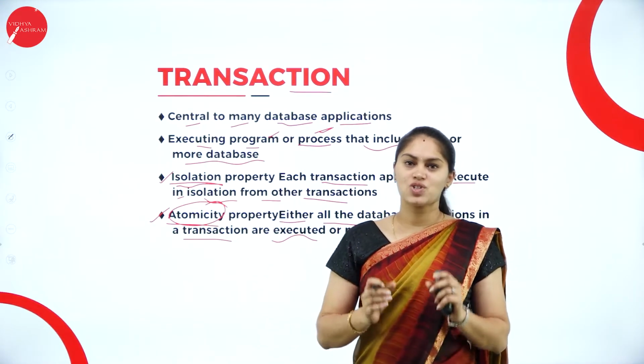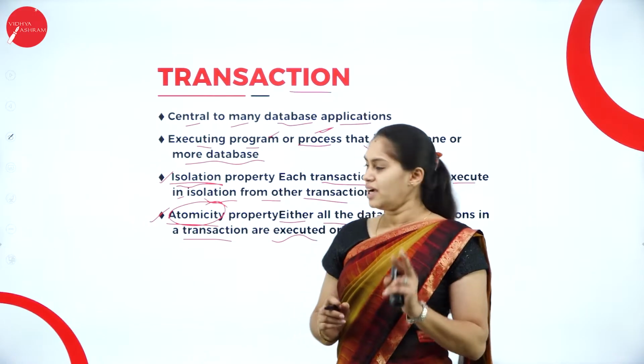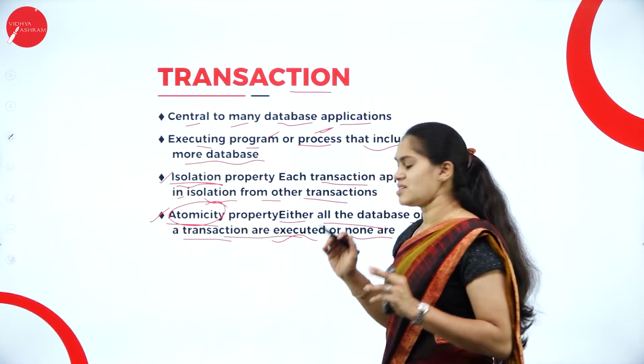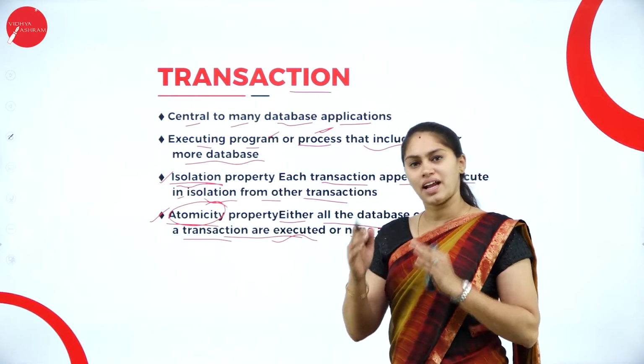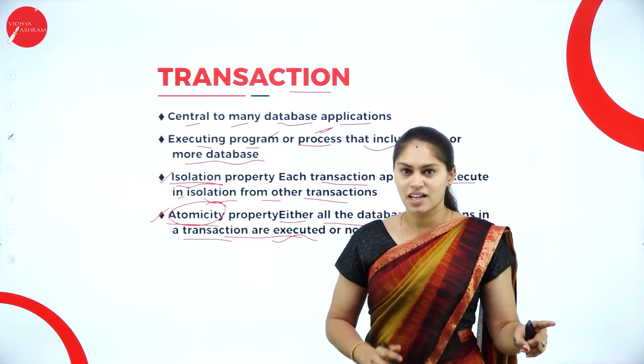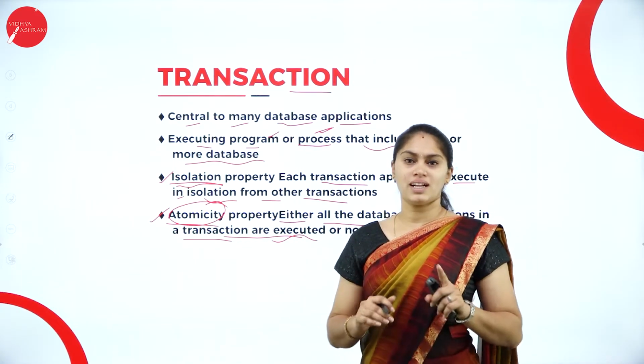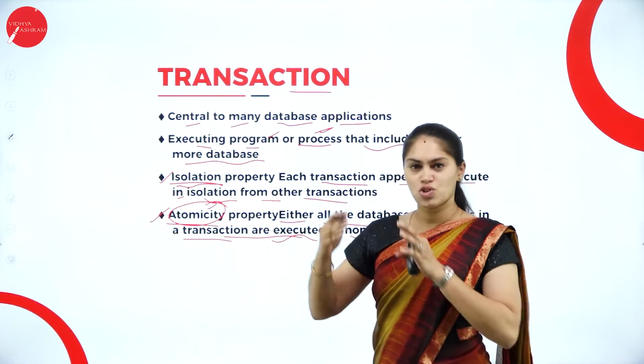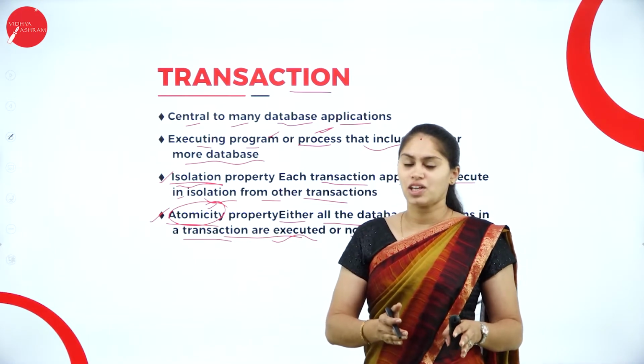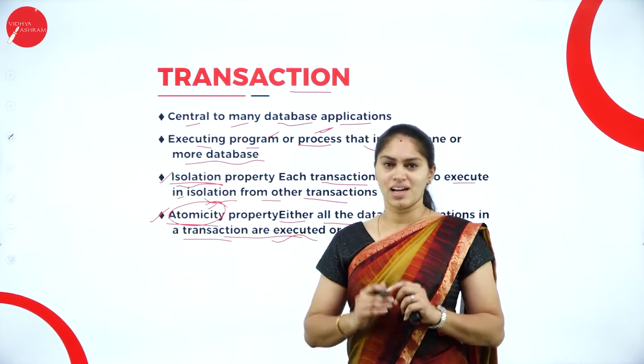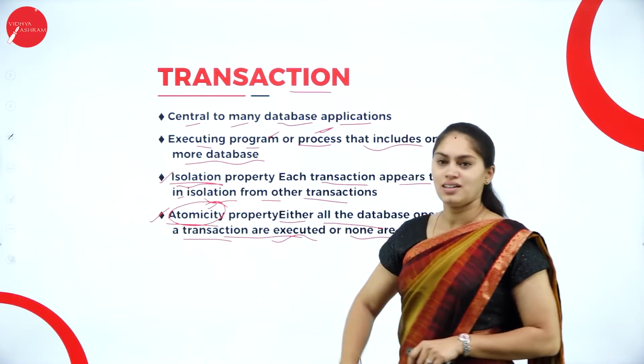So the transaction happens in only two ways: it is executed, or it is not executed at all. It should not be in an intermediate phase. That is regarding transactions.